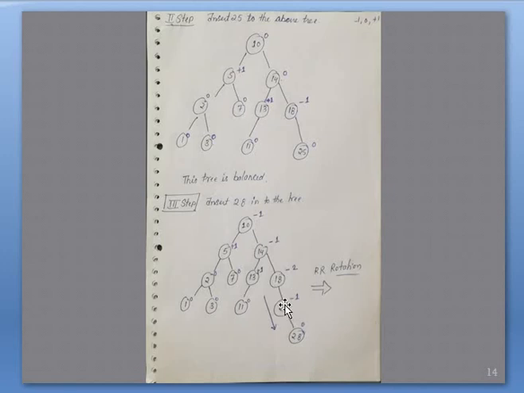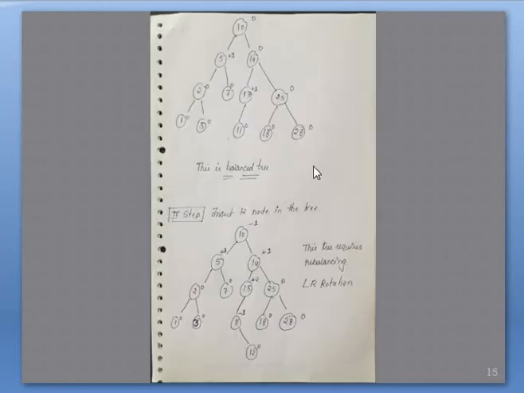What we are performing is the RR rotation. After performing the RR rotation, 25 is the root node, the parent node of 18 and 28. The tree will be like this.